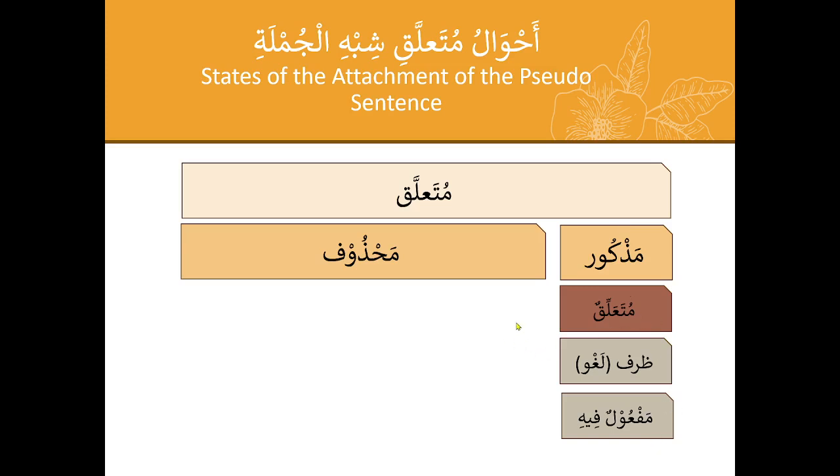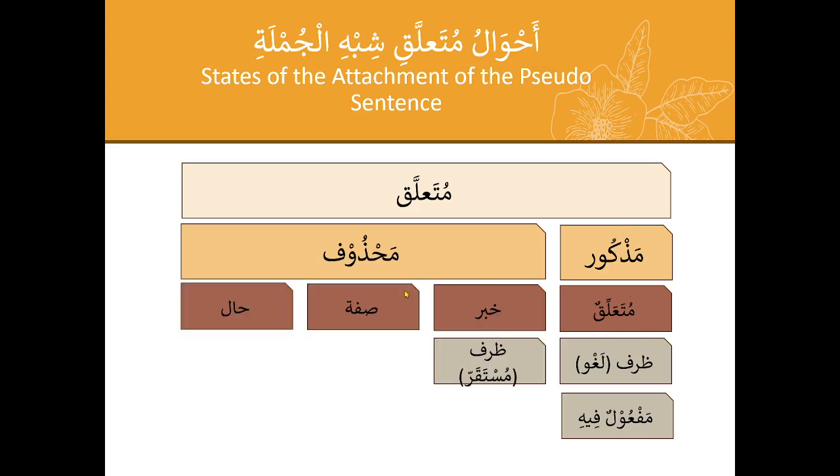They come under muta'alliq. Now, when the muta'alliq is mahzuf, you can have the shibh jumlah behaving like a khabar, sifa, or hal. And when it is zharf, it's mustaqar, meaning it is not mentioned. The zharf is not mentioned here, the zharf is mentioned.